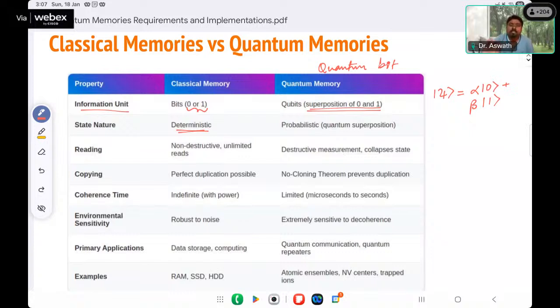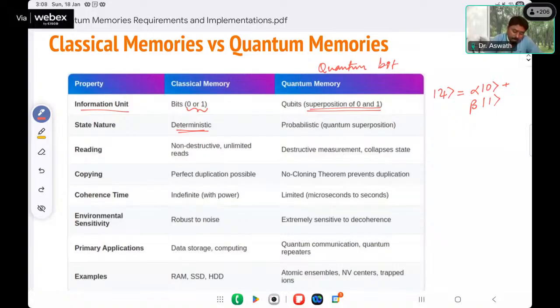It is going to stay in the same 0 form unless somebody comes and changes or disturbs it. It is just like any classical object in a real world scenario. Let's say I keep some object on the table. It's a classical, macroscopic object. It is going to stay there on the desk for as long as time, unless somebody comes and disturbs it. So that is a deterministic thing for me. Classical memory is something of that sort.